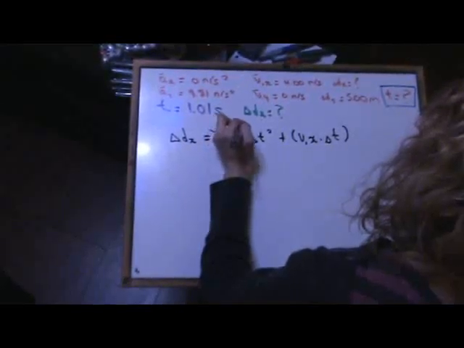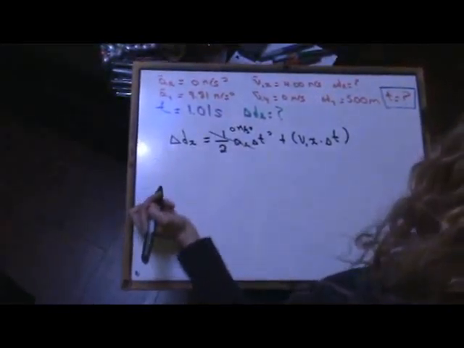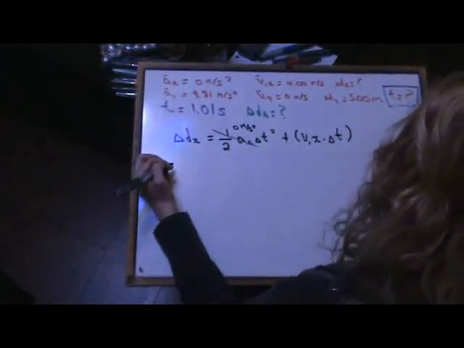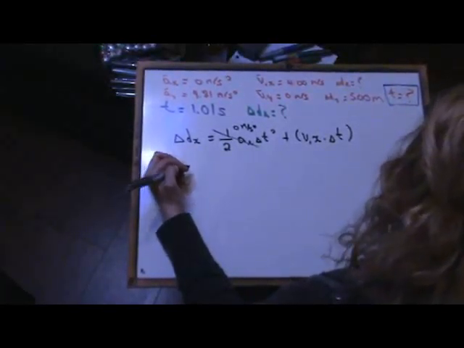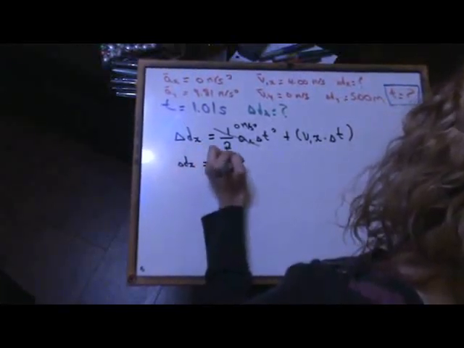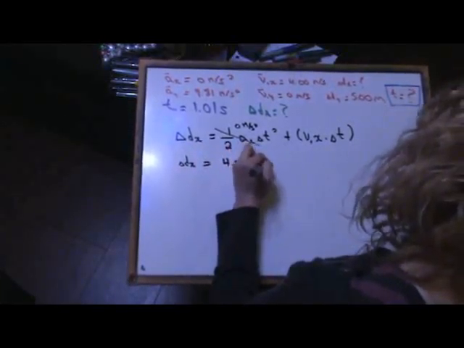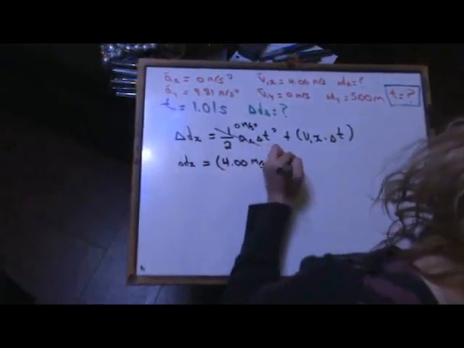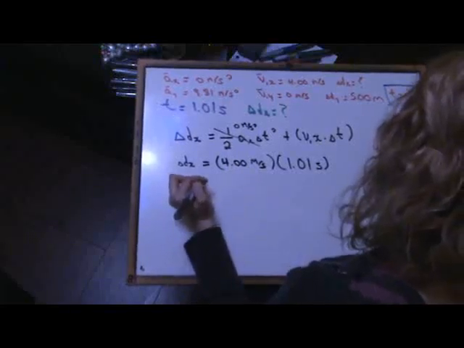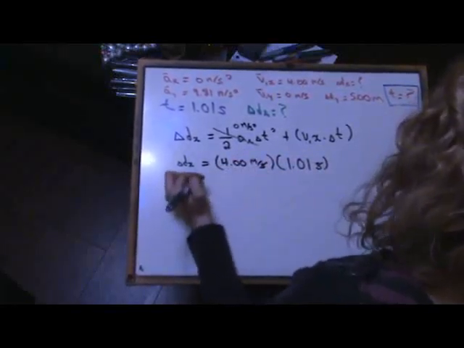Therefore, we are left with delta dx equals v1x delta t. When plugging in our givens, we will get delta dx equals 4 meters per second times 1.01 seconds. This will give us 4.04 meters.